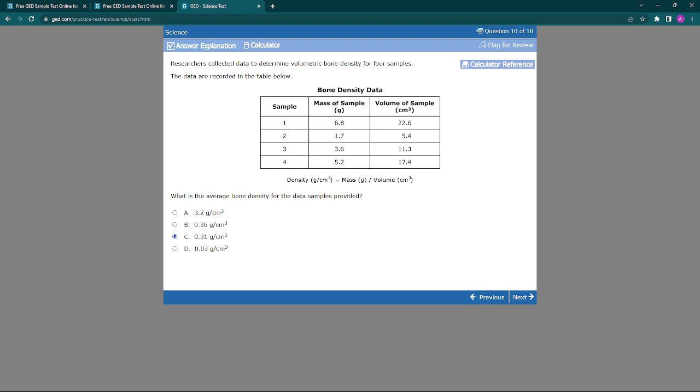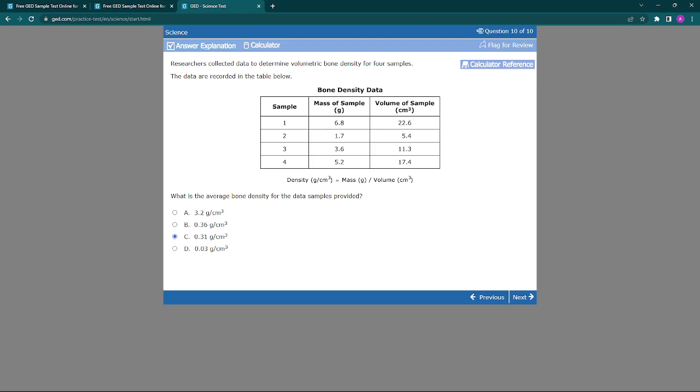Oh, geez, and now do I have to write this down? Hold on, I have a pen and paper. So, 0.298. And what were the other ones? 1.7 divided by 5.4 gave 0.314, no, 0.315.